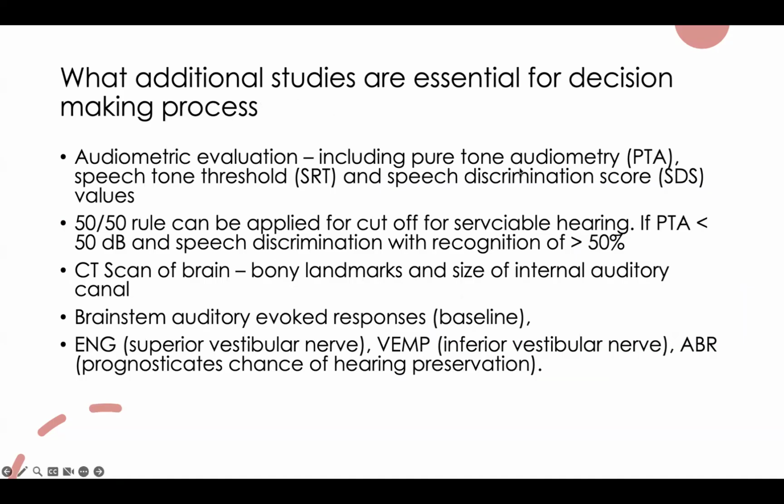Pure tone audiometry testing, speech threshold and speech discrimination scores are different types of audiometry testing. Pure tone audiometry is a usual first step screening test, and assesses functionality of hearing and is sort of a baseline for surgery as well.